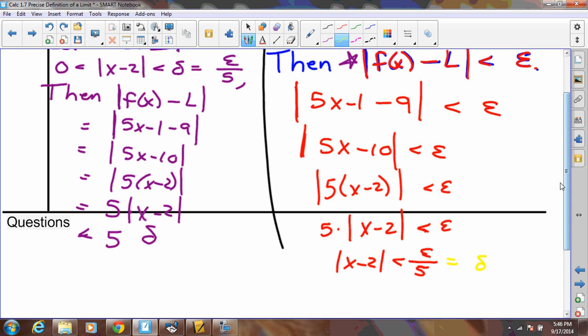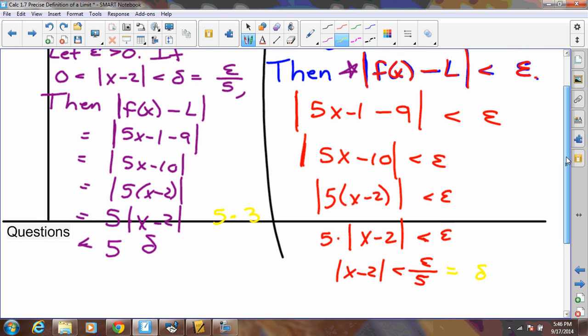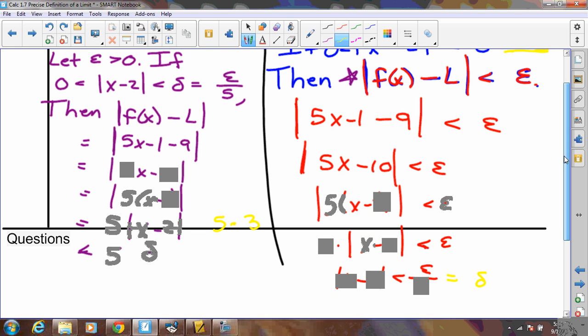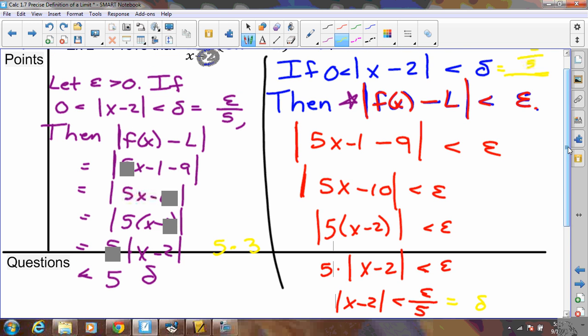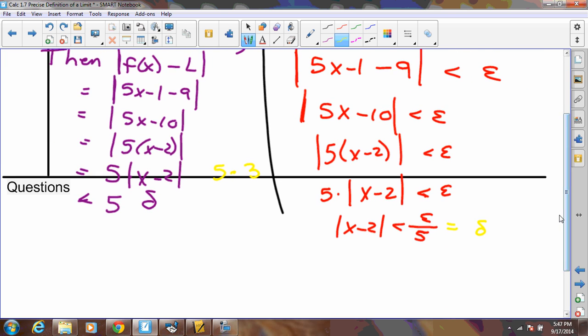Suppose that we had a piece like right here that's 5 times 3. And back up at the original, you'll note I'm basically saying the absolute value of x minus 2 is like some number 3. If I was saying back up here, 3 is less than the number 4, well, you'll buy that. 3 is less than 4. And then I come down at the bottom and say, down here I have 5 times 3.